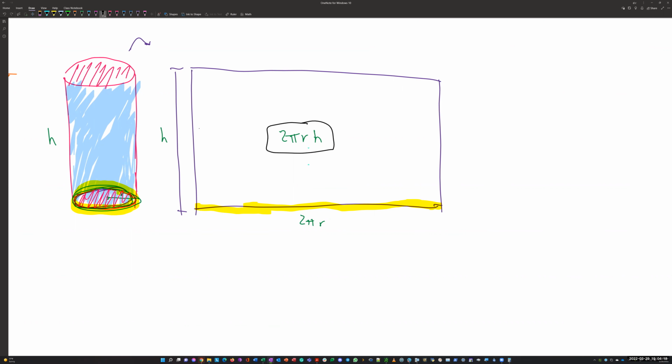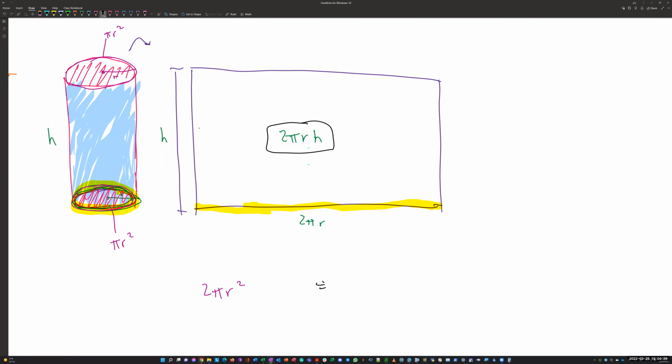All right. Then the top part here and the bottom part there, each one of these has the same radius. So the area of this one is pi r squared. The area of that one is pi r squared. So we would have 2 pi r squared.